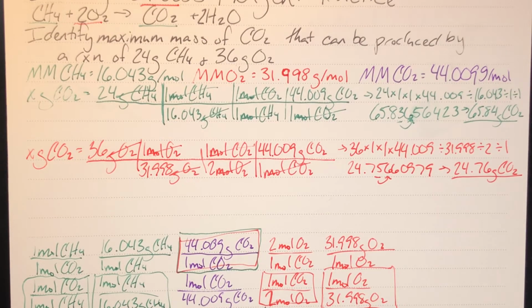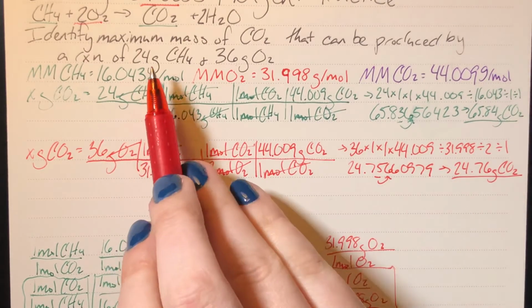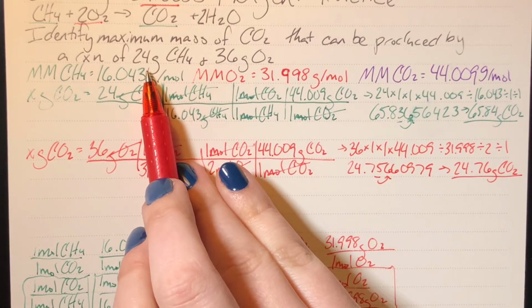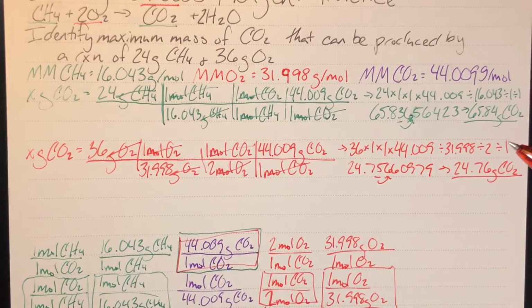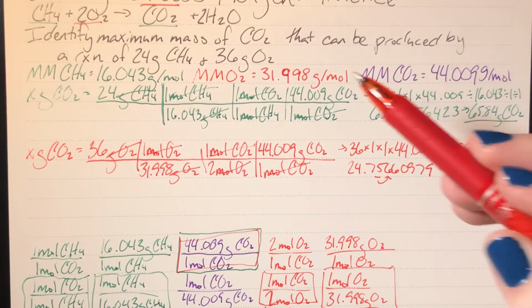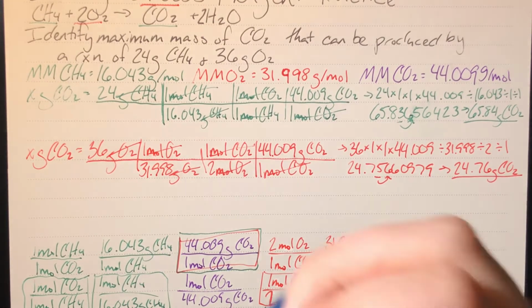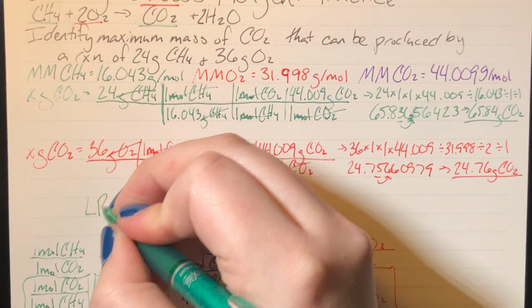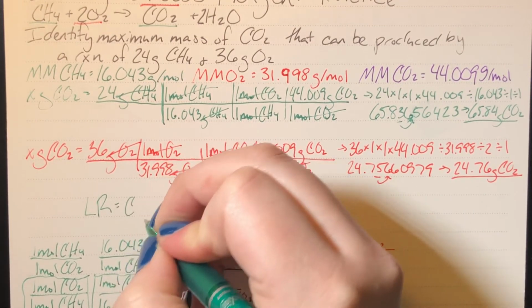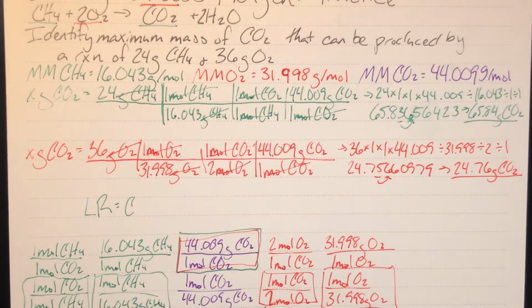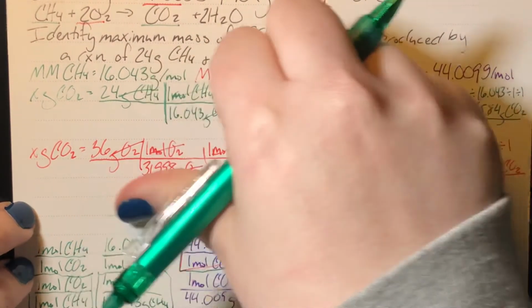Now this might be surprising to you as I look between these two masses. They are extremely different. I had a much smaller mass of methane initially going in, and yet I am able to produce significantly more carbon dioxide from that amount of methane than from my amount of oxygen. Now, based off of limiting and excess reagents, I know that my limiting reagent is going to be, nope, that is not true.